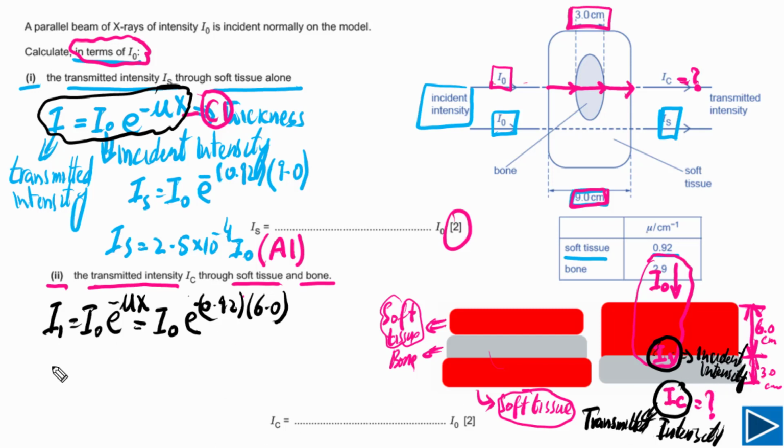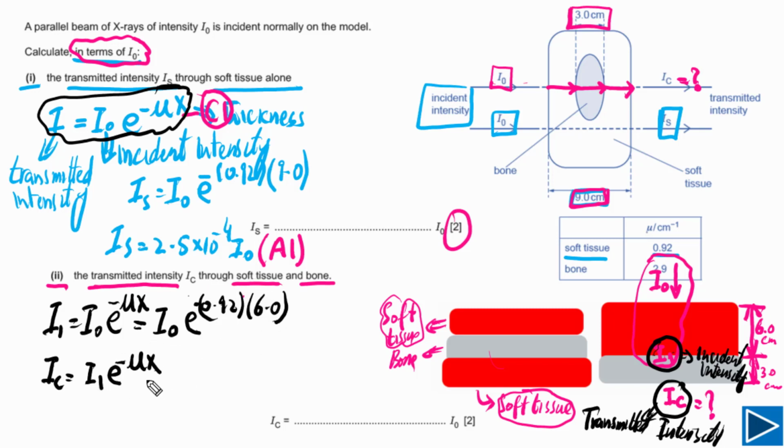Now in this case, our transmitted intensity is IC, but the incident intensity is I1. Again, it has to be multiplied with e to the power of negative mu x, but I1 is equal to this.